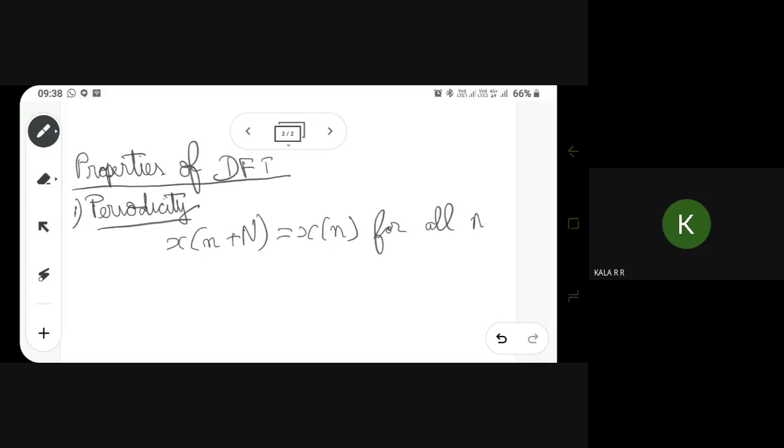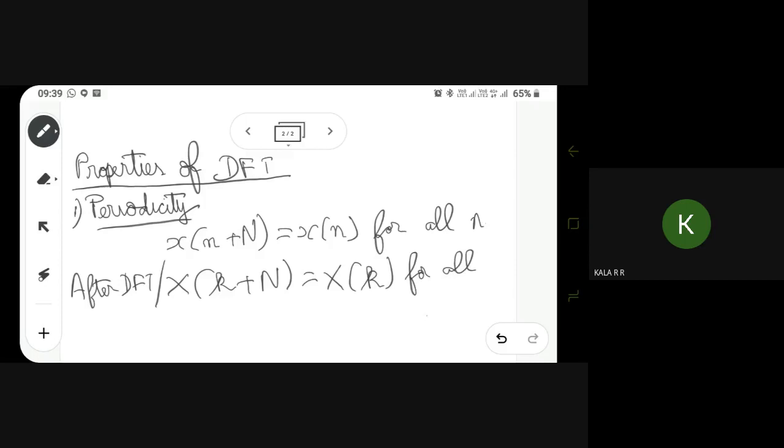If this signal is periodic, then x of n plus N will be equal to x of n. At the same time, after taking the DFT, x of k plus capital N will be equal to x of k for all k.